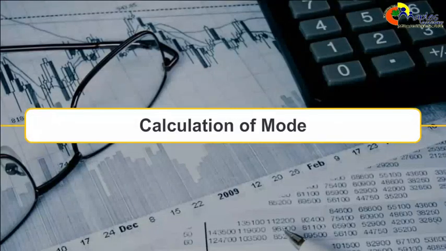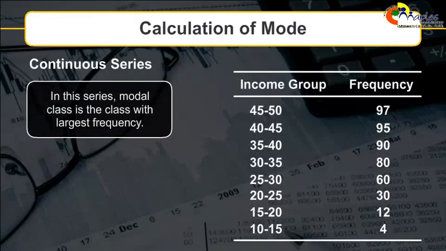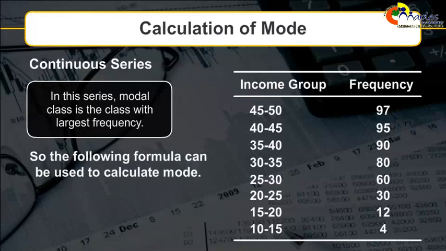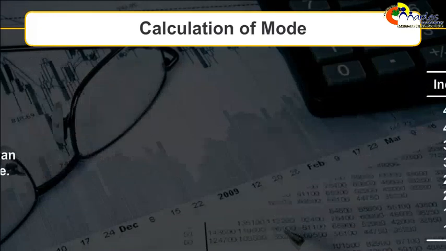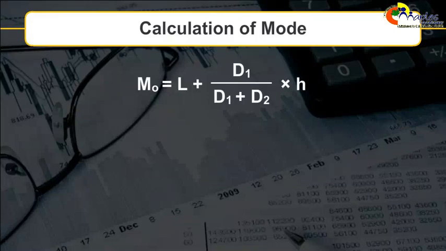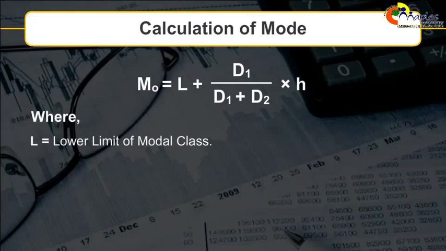Calculation of mode. Continuous series. In this series, modal class is the class with largest frequency. So the following formula can be used to calculate mode. MO is equal to L plus D1 upon (D1 plus D2) into H, where L is equal to lower limit of modal class.